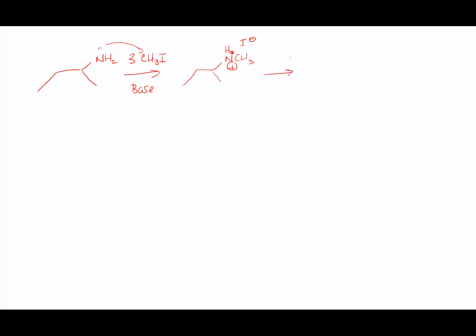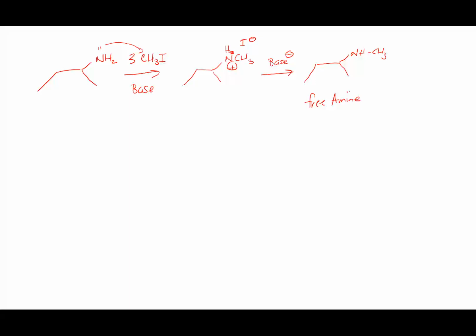Then we have to treat this with a base in order to remove that hydrogen from the nitrogen, so that now I end up with an NH with a CH3, the so-called free amine. So when we talk about alkylation, we have to do this stepwise. Alkylate, use base to make the free amine.